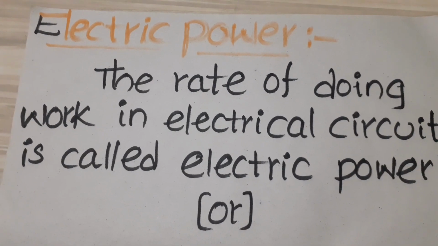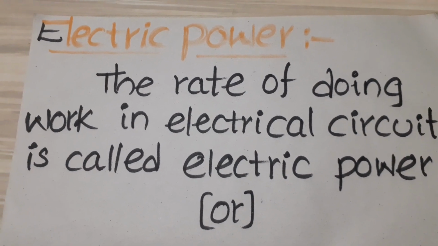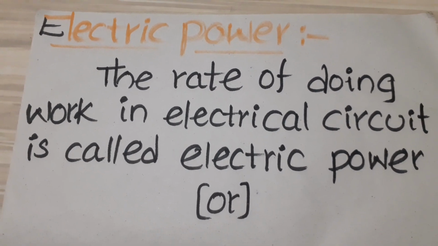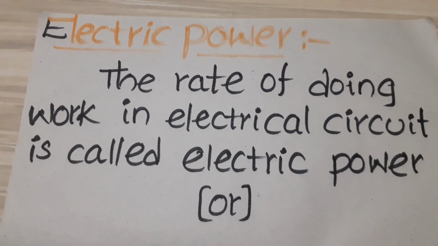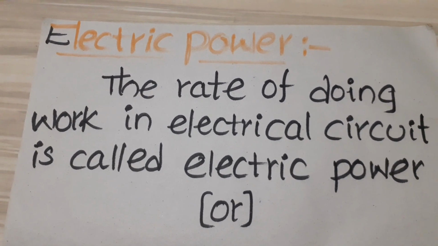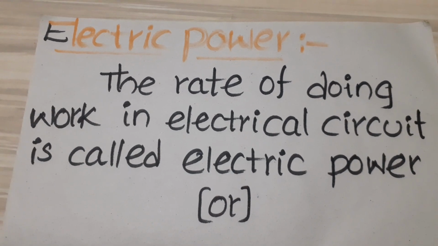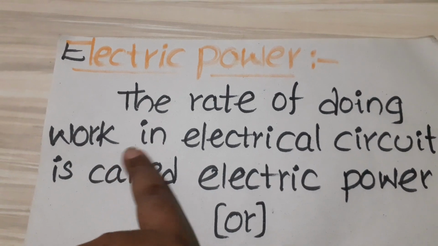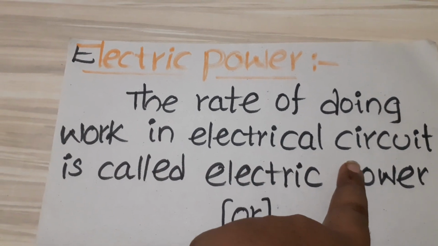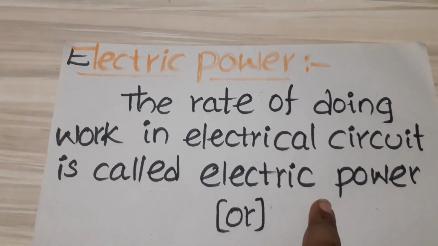In any electrical appliance, how many electrons travel from one end to another end with respect to time, that rate is called electrical power. So the basic definition: the rate of doing work in an electrical circuit or appliance is called electrical power.